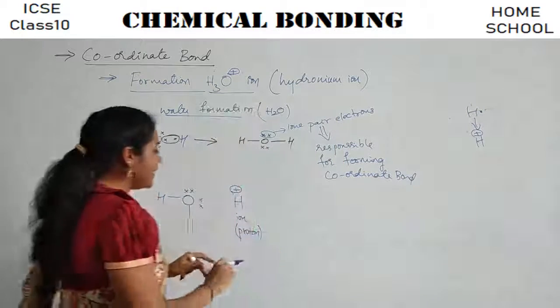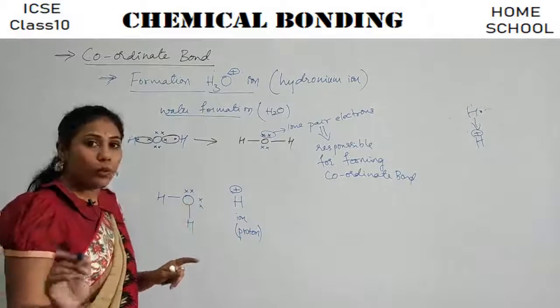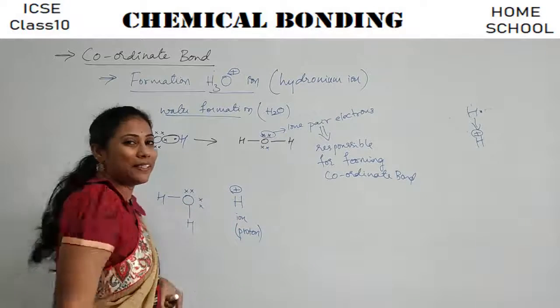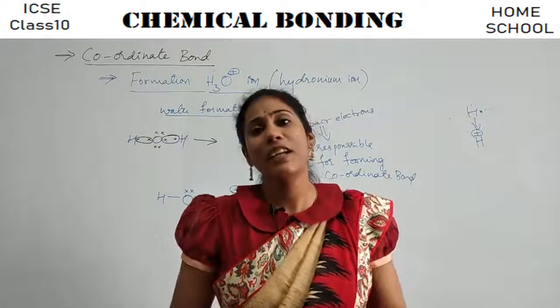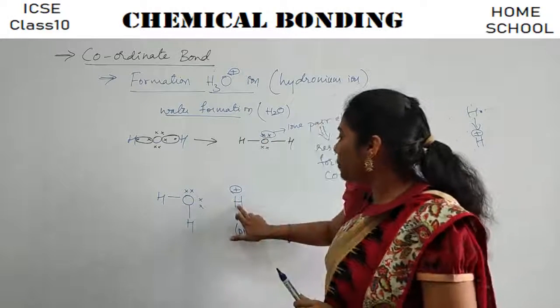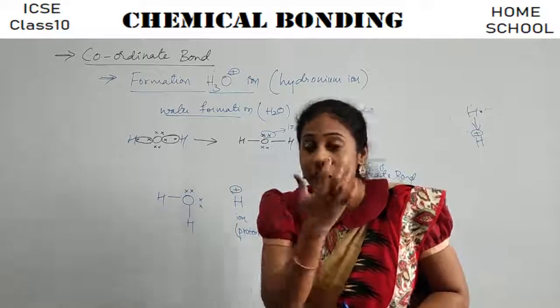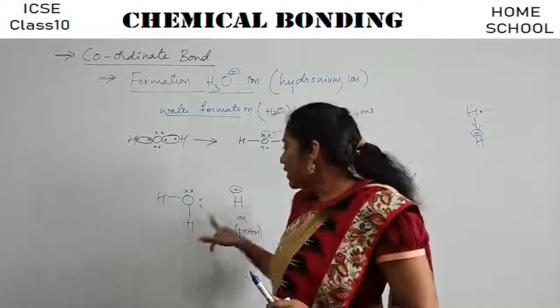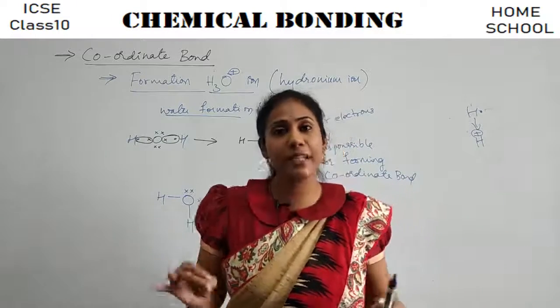So in a reaction, if you have that H plus along with water, this H plus is very unstable, right? It doesn't have any electrons, guys. To become stable, it needs 2 electrons. It wants that duplet electronic configuration for gaining stability.